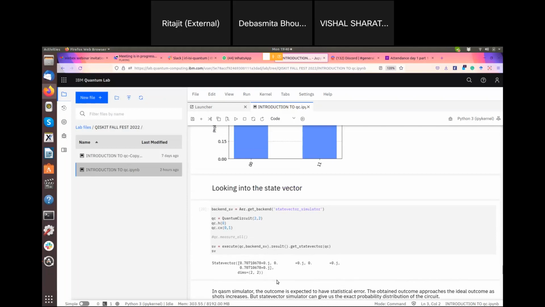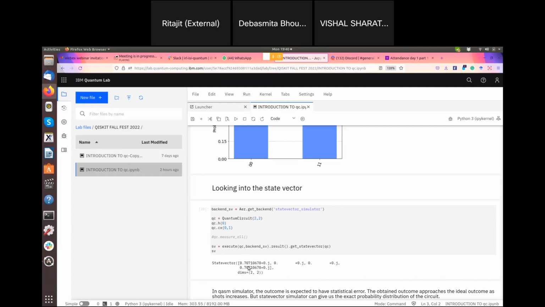We can see the real part and imaginary part separately, and this is basically 0, 0, 0, 1, 1, 0, 1, 1, and where there is some value it is showing. In the middle parts, 0, 1 and 1, 0, there is nothing, so it is showing 0. So in the state vectors you can see the probability in this form.